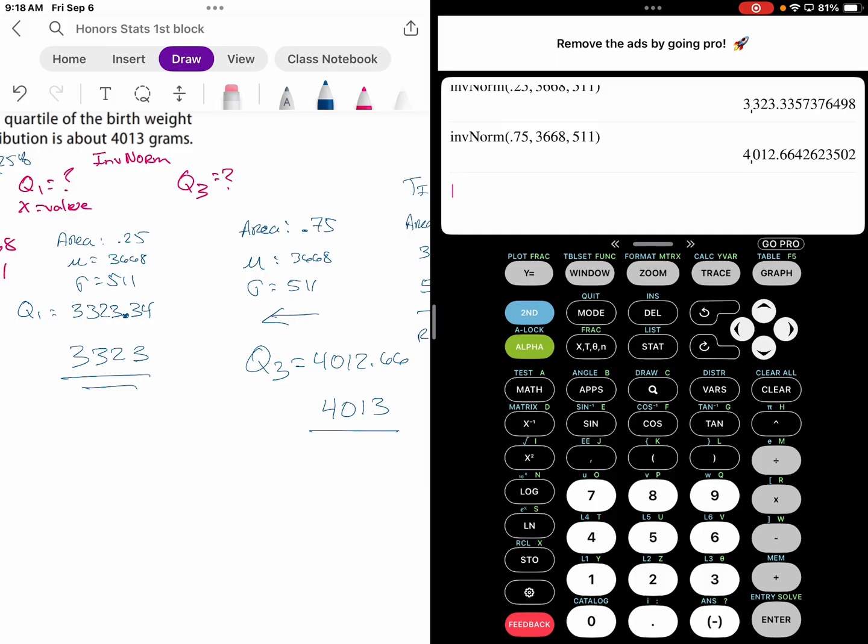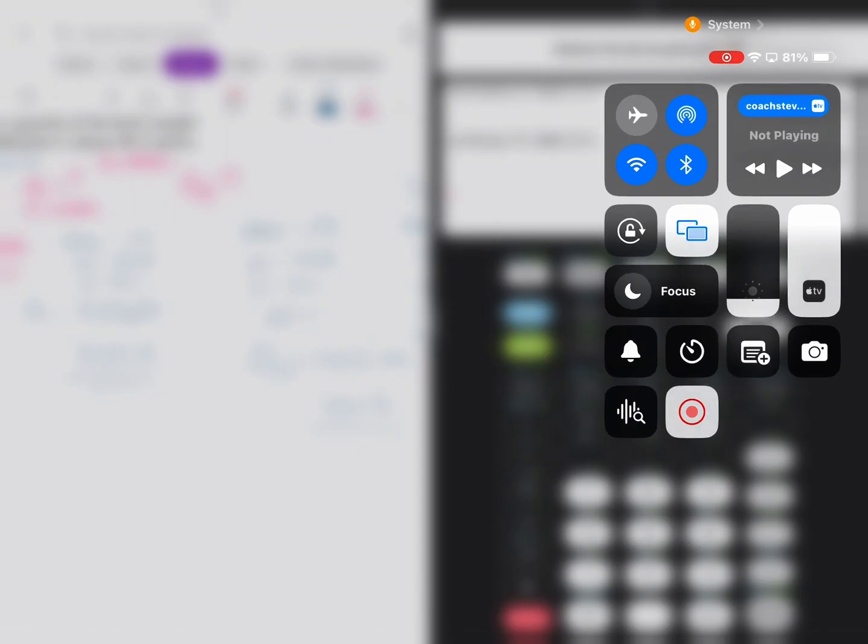If our percentage represents living objects, then sometimes they'll have us round up no matter what. So 17.1 would be 18. All right, as we progress through our course. Any questions on using that inverse norm feature?